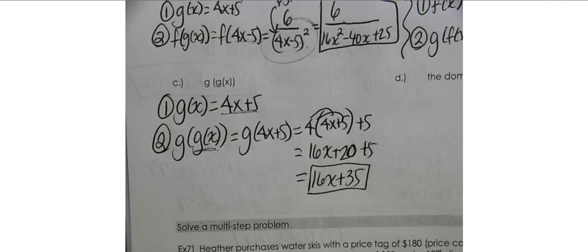So now letter D says, identify the domain of each composition. Looking at letter A, we had f of g of x. The domain for f of g of x is going to be restricted, and that's because we have a variable in the denominator.